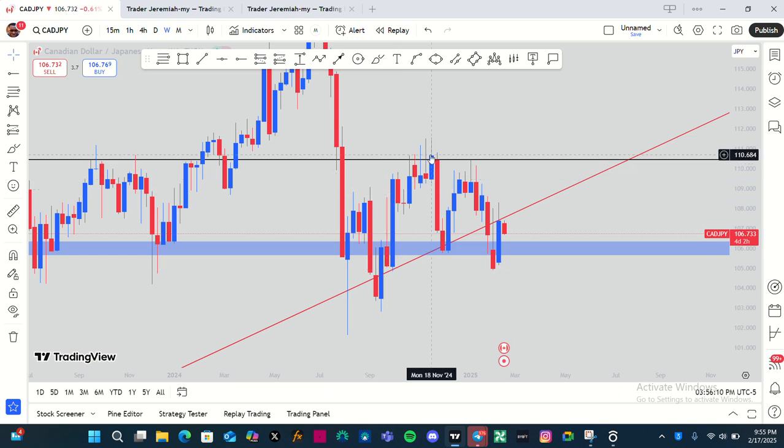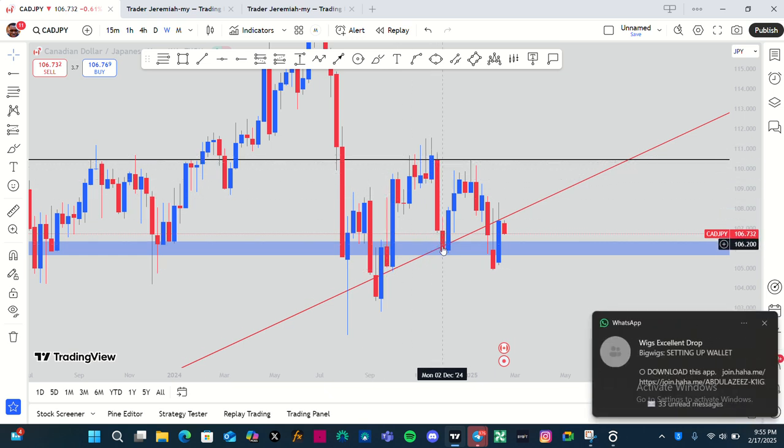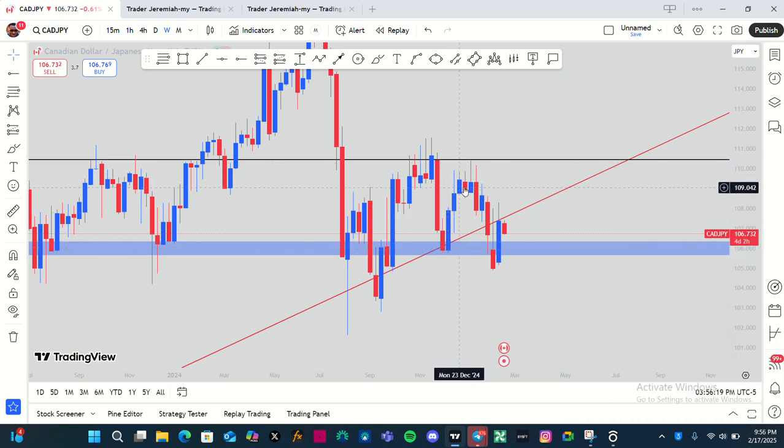When price headed back to the upside, price wanted to come back lower, but it was still respecting this support level as well. So when price pushed higher, this was a double top because, as you can see, these tops are equal. Though this one is a little bit higher than this one, they are equal. So this was a double top.